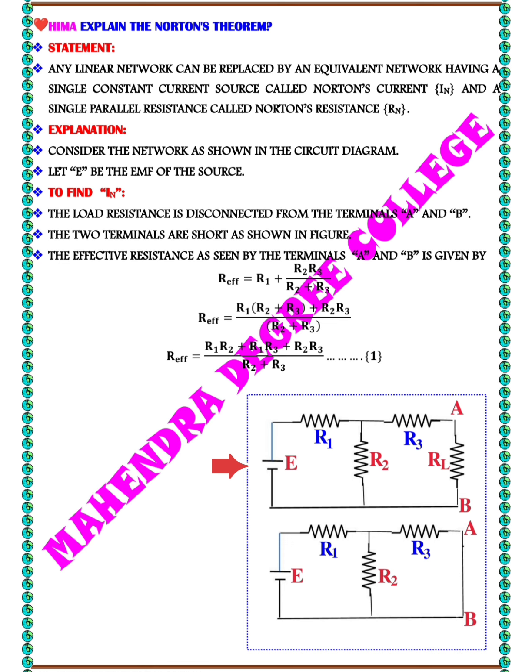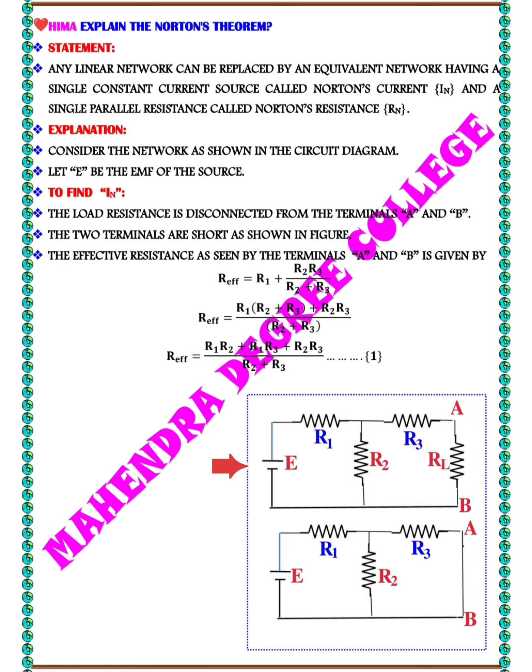where E represents the voltage source or electromotive force, that is EMF. R1 is a resistor connected in series with the voltage source. R2 is a resistor connected in parallel with the combination of R3 and RL.